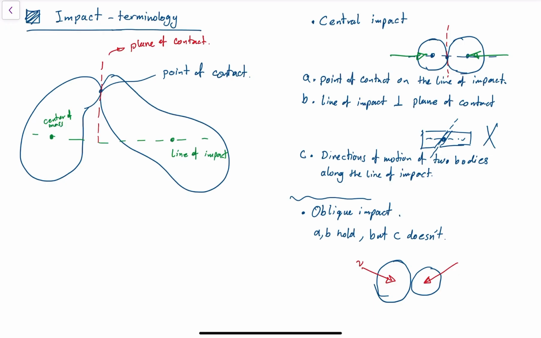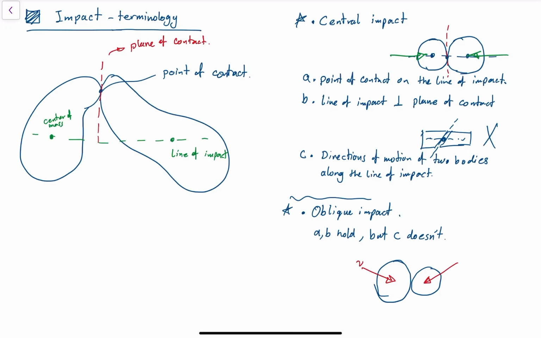So we start by analyzing the central impact, because it's easier. The information we gathered there can be very useful to study the second case, oblique impact. Obviously, there are many other forms of contact.